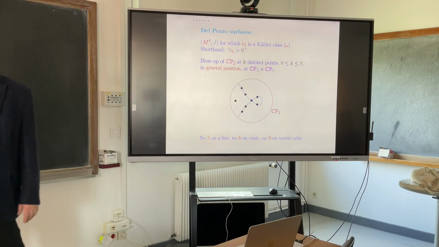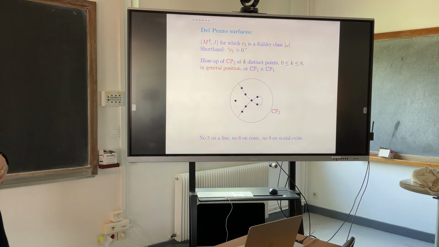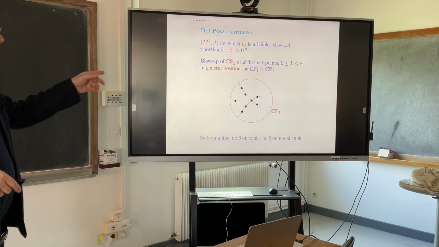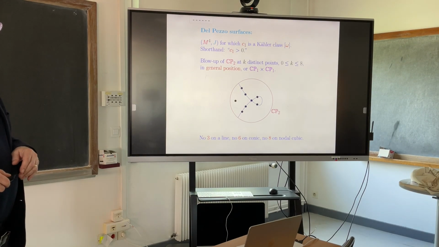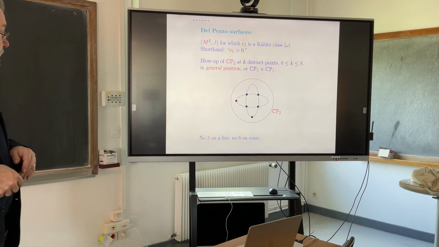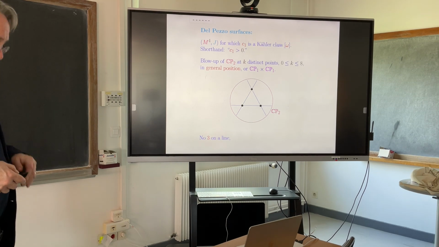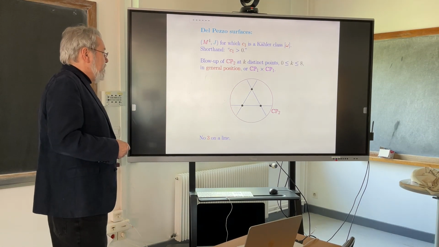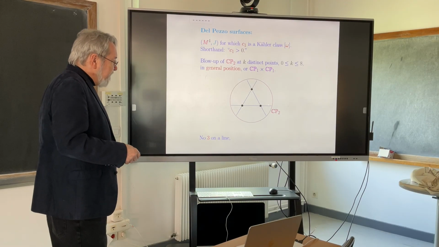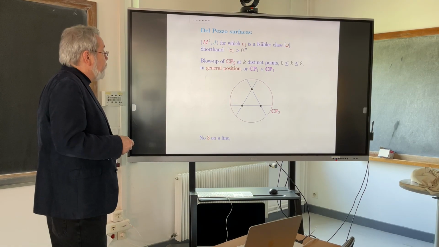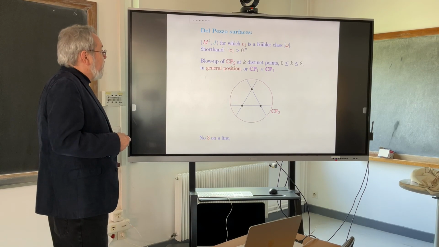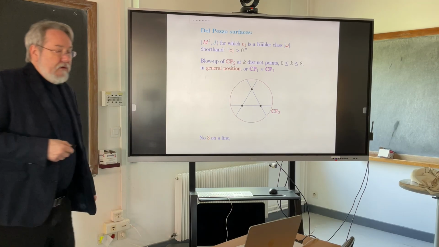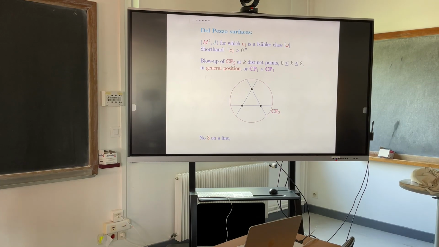Okay. So if you were to violate any of those properties, the issue is that if you had 3 points on a line, the proper transform of the line would be a CP1 of self-intersection minus 2, and then that would say that C1 couldn't be represented by a Kähler class, and it goes on like that.